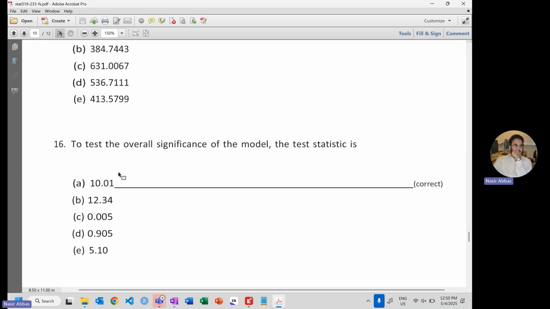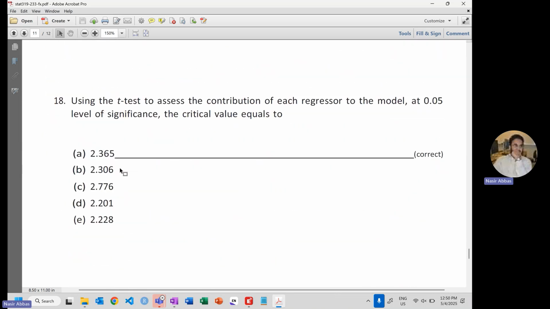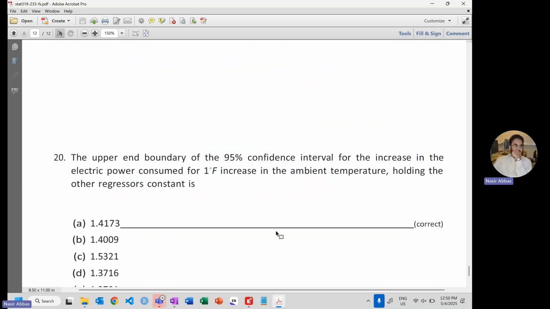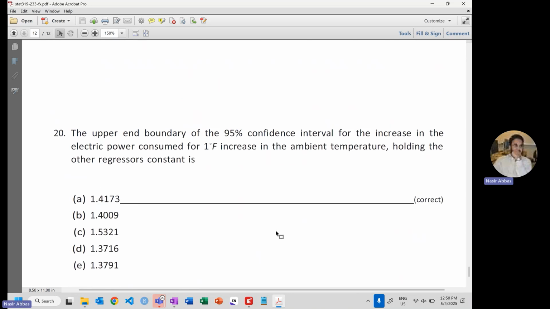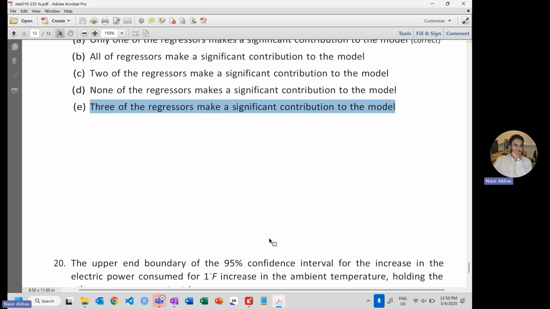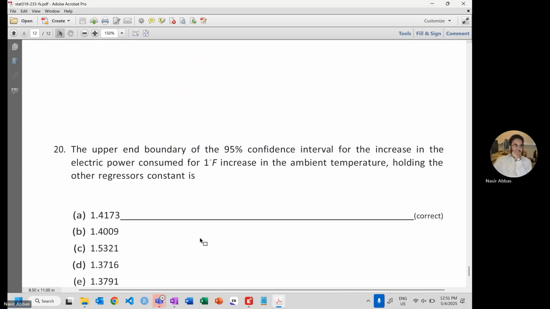So one of the options probably is saying that only one predictor is contributing significantly. Are all contributing significantly? No. Are 2 contributing significantly? No. Are none of them contributing significantly? No. Are 3 contributing? No. So 1 is contributing significantly. It is the number of p-values which are smaller than alpha.